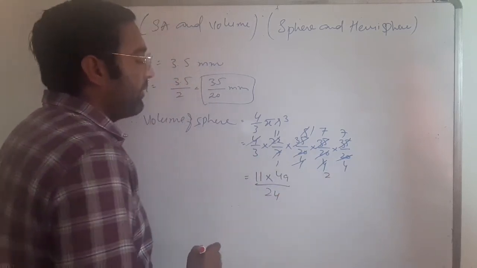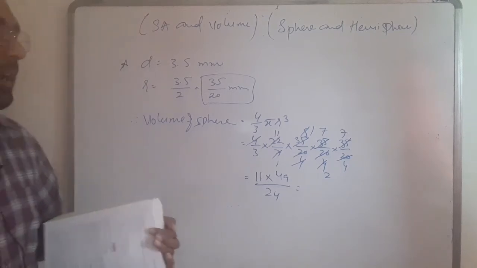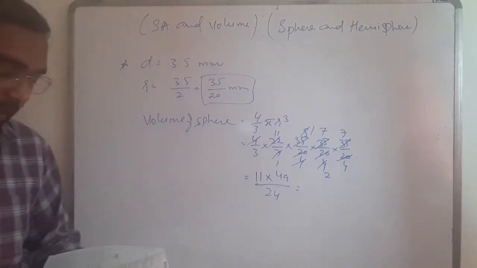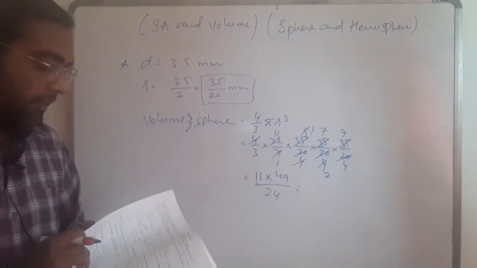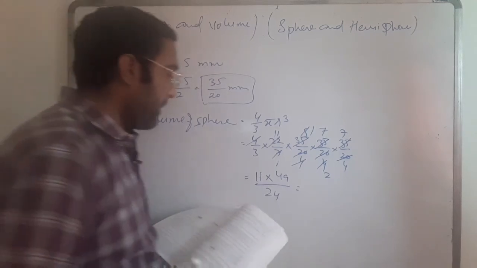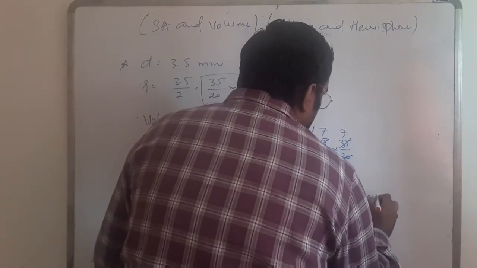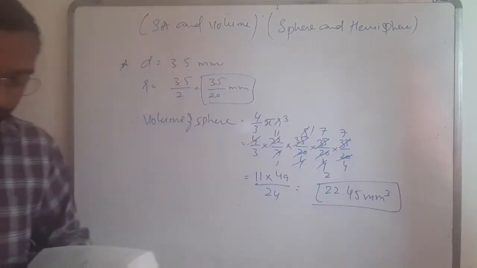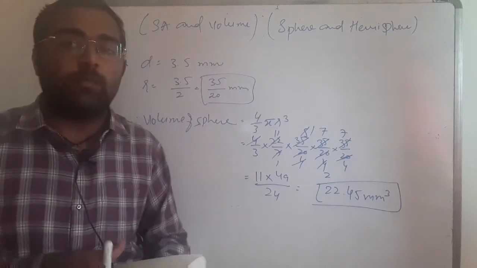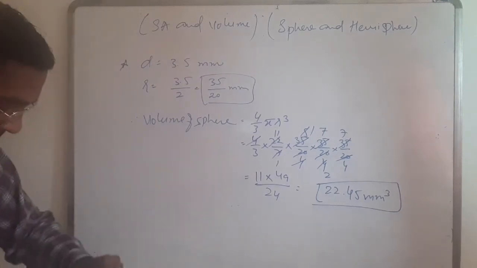So 11 into 49 by 24, multiply and divide with 24, then you get the answer. Then your answer is 22.45 mm cube. Okay, clear that? Please note down the part.